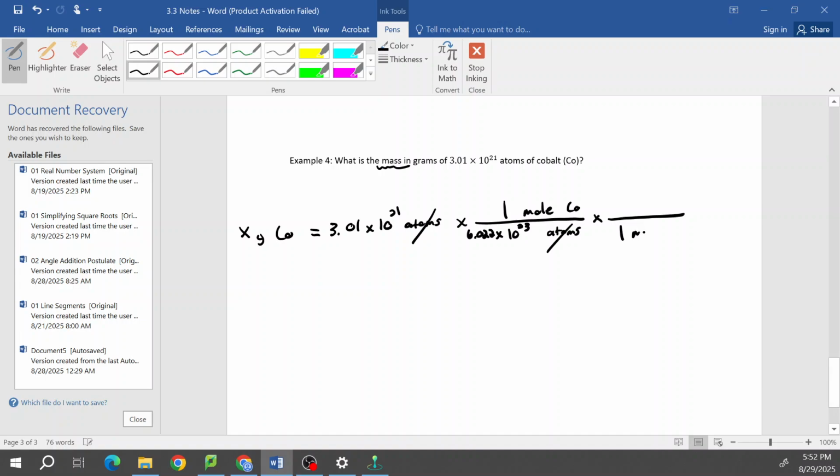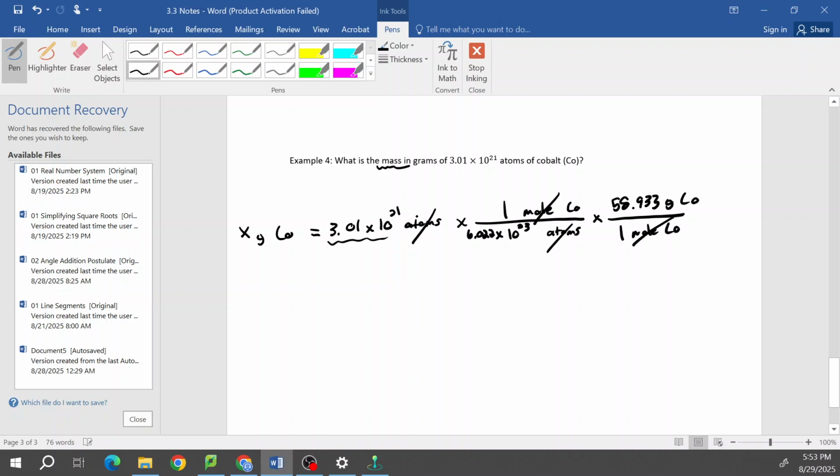I know that 1 mole of cobalt must be equal to some number of grams by looking at the periodic table. Okay? And if I find cobalt on the periodic table, I find that it has an atomic mass of 58.933. So 1 mole of cobalt must be equal to 58.933 grams of cobalt. Once again, moles on top and on bottom cancel, and now I just have to plug all this into my calculator.